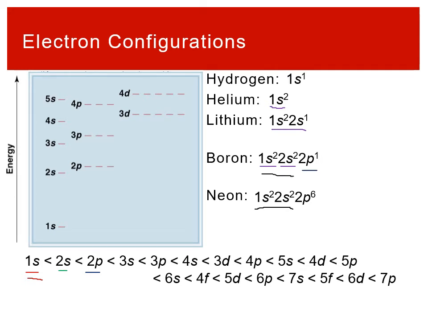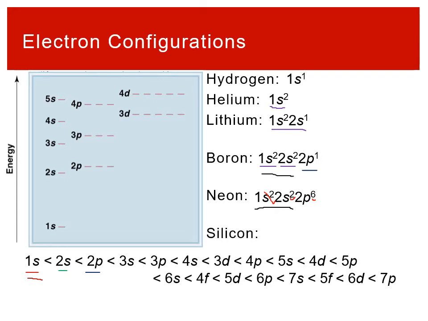And then the next highest energy subshell is still 2p. Because it's a p-type subshell, it's no longer s-type, your max capacity is now 6. So neon with 10 total electrons, 2 plus 2 plus 6 is 10. So we have fully accommodated all 10 electrons.